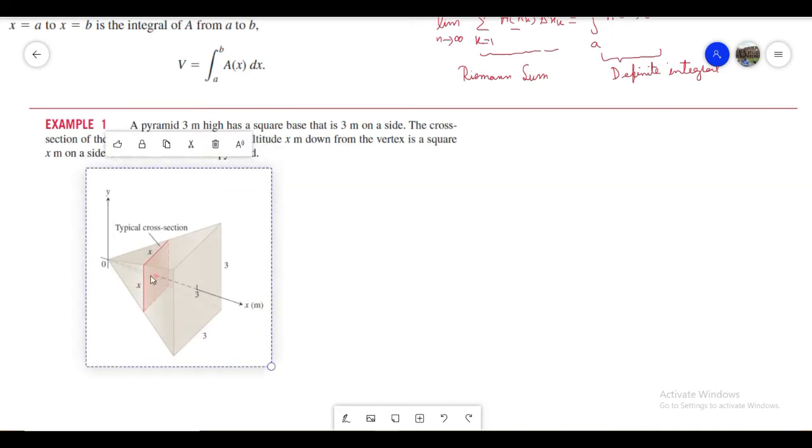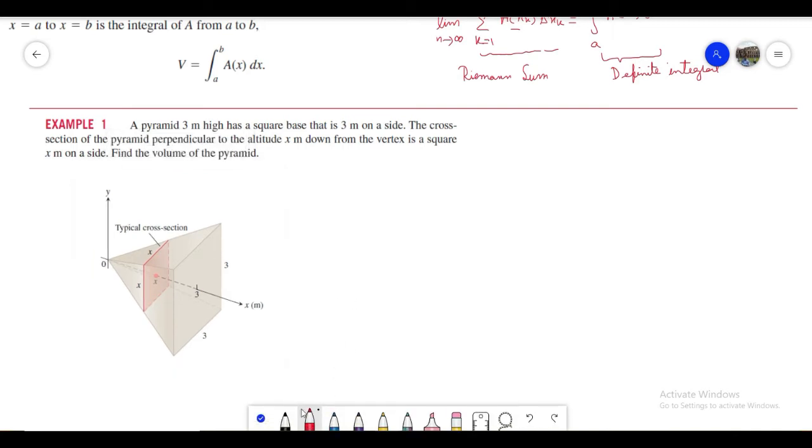So basically we have to compute the volume. In order to compute the volume, first we have to draw the pyramid, which we have already done. Secondly, we have to find the area of the cross section. The solution says we have to find this area.